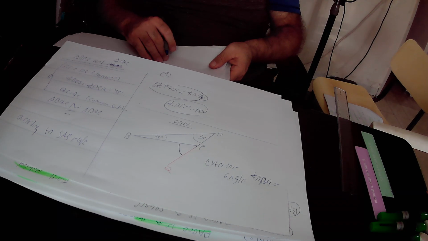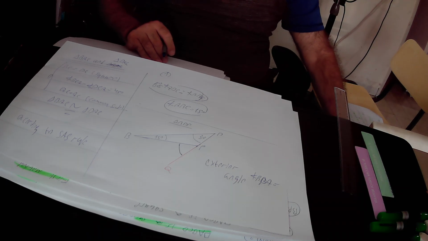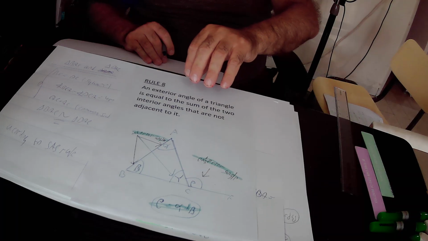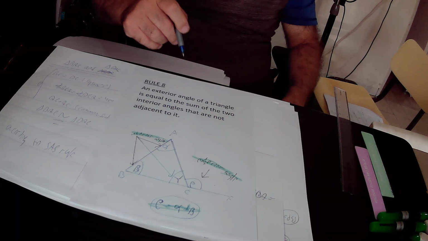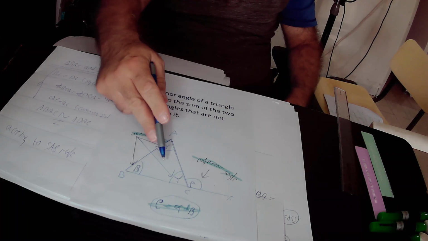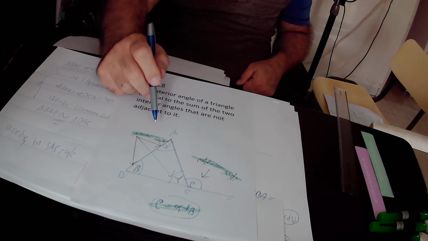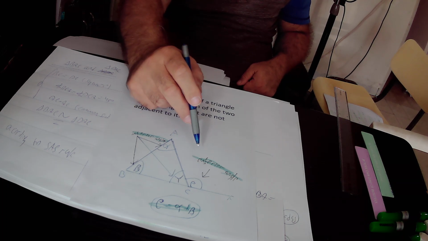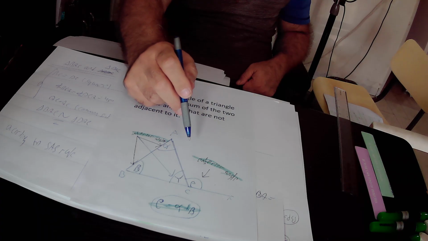So let me quickly repeat Rule 8. Rule 8 is true in any triangle. This is triangle ABC that could be any triangle. Those are angles alpha, beta, and gamma that are defined as exterior angles. This is angle E. This is defined as an exterior angle because it is located outside triangle ABC.